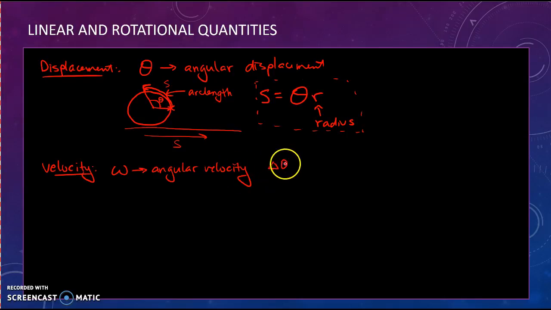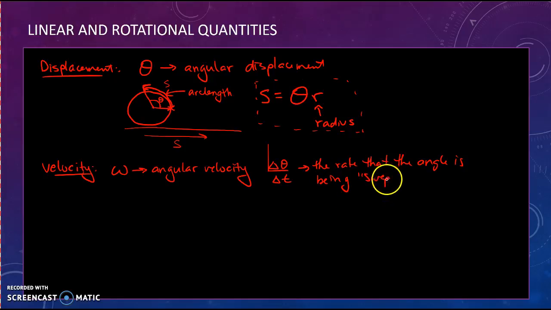Mathematically it'll be the change in theta, the angle that we've swept out, over the change in time, or to put it in words, the rate that the angle is being swept out. So you can think of the angular velocity that way.